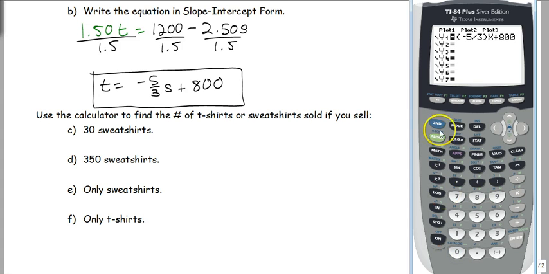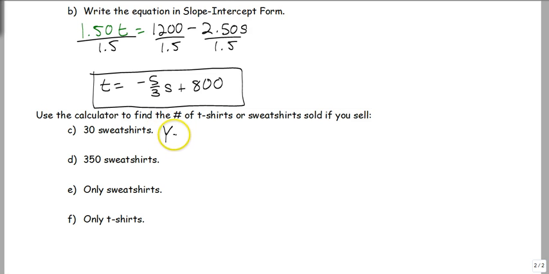Now there's a bunch of ways to do this again. Second, quit. Again, you can go to vars, move over to y vars, hit enter, and hit enter. I want to know how many t-shirts, which is my y, when I have 30 sweatshirts. We hit enter, 750 t-shirts. So, if I do that, I do y1 of 30, gets me 750 t-shirts.